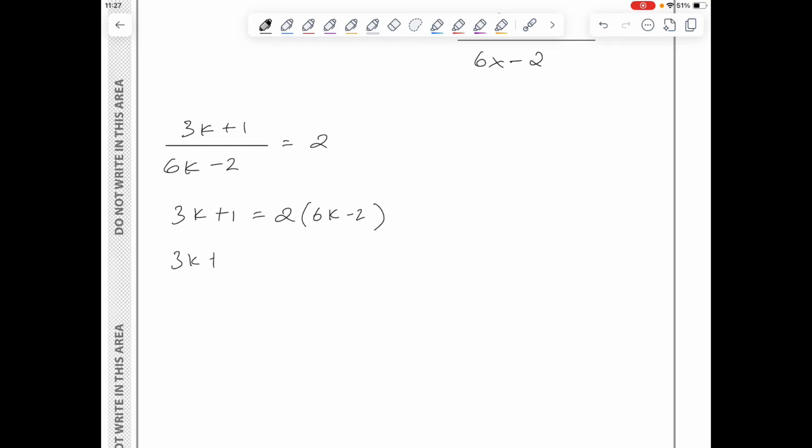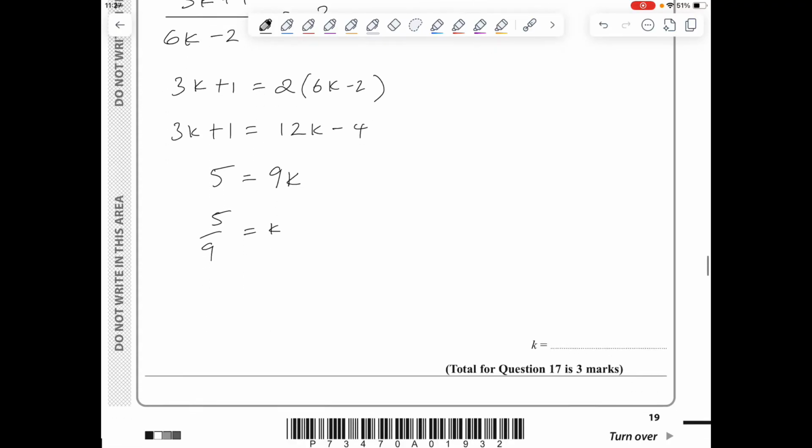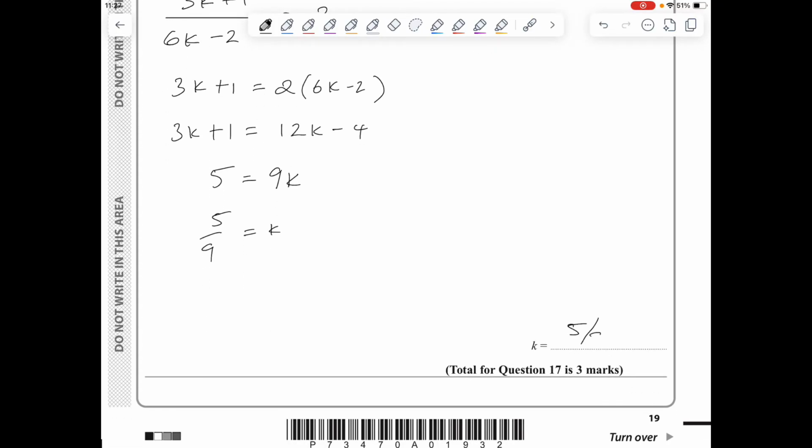Let's expand the right hand side. 12k minus 4. I'll collect all the k's on the right hand side. So 12k minus 3k. I have 9k on the right. And on the left, it's 1 plus 4, which is 5. So k is equal to 5 over 9. I'm going to leave this as a fraction. 5 over 9 is the final answer.